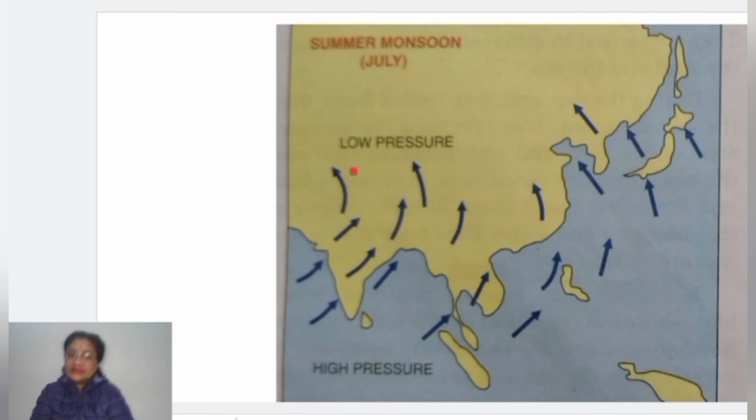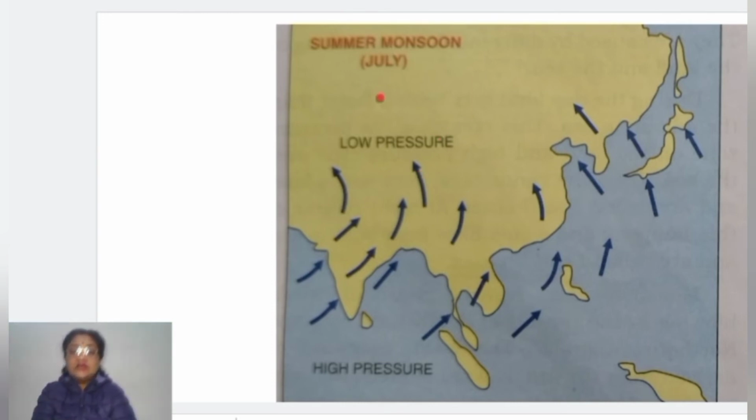The land gets hot as compared to the nearby sea or ocean body, because during summers the temperature constantly remains higher as compared to the winters.